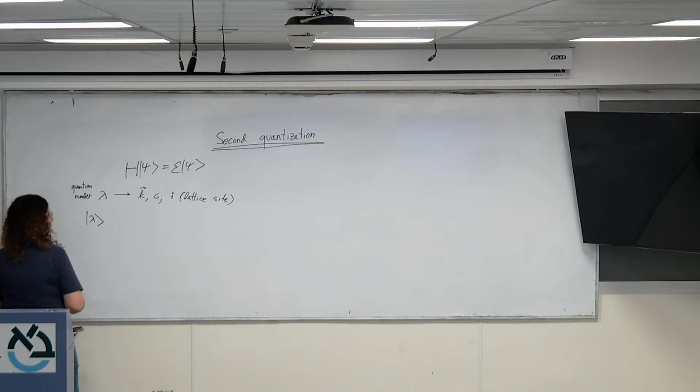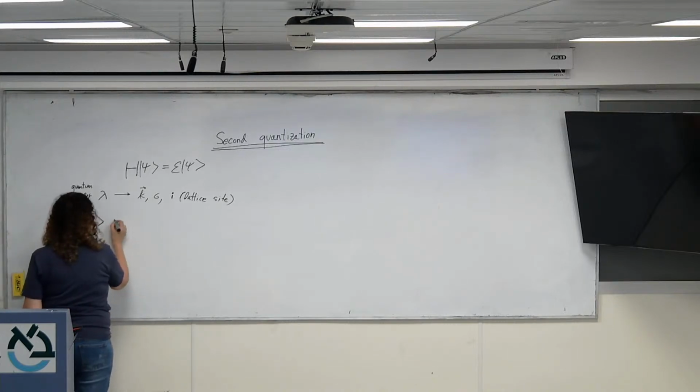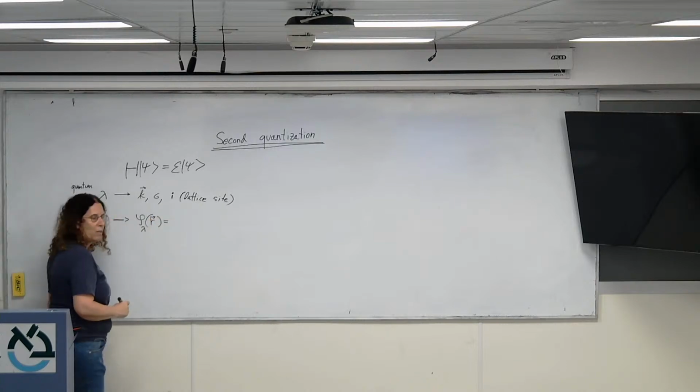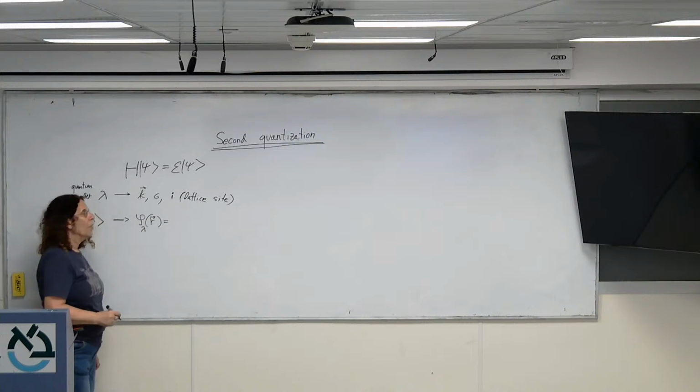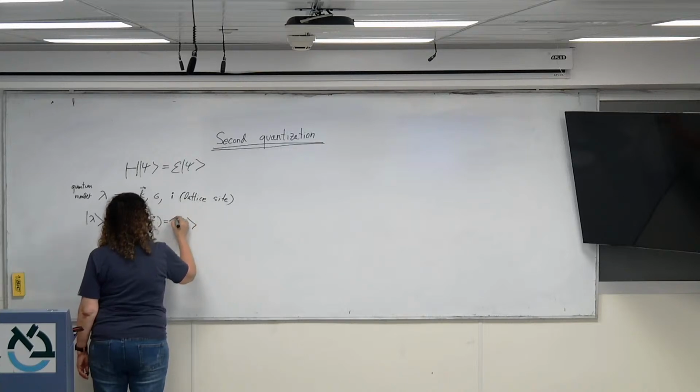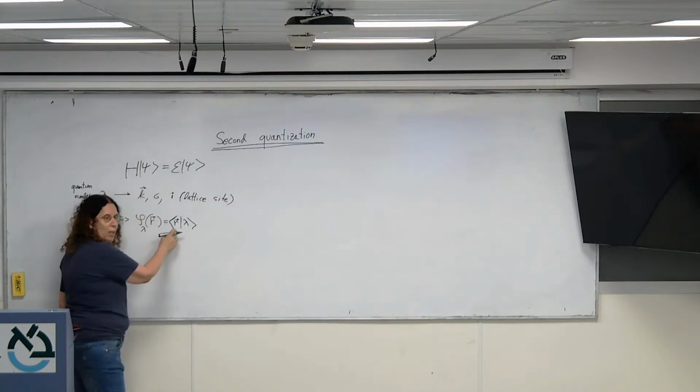So these are these lambdas, and for each such state, we can also write a wave function. Let me call it phi lambda of r. This is a real space representation, which is formally defined as the inner product of the state lambda with the state r.